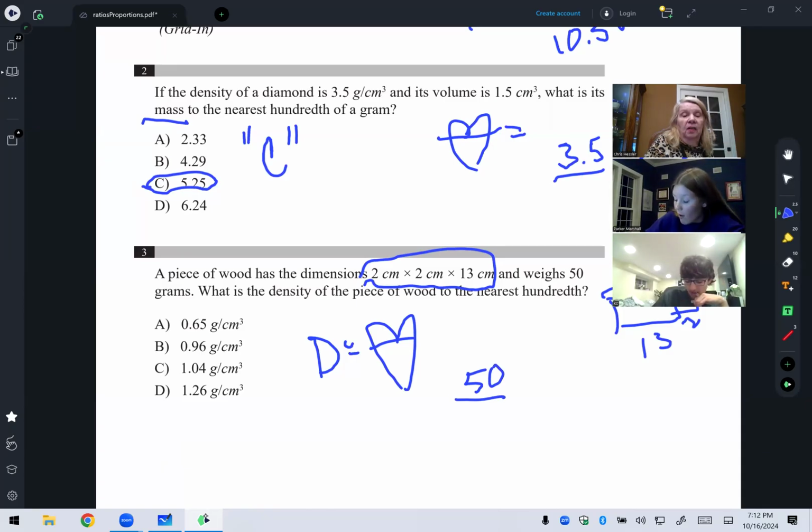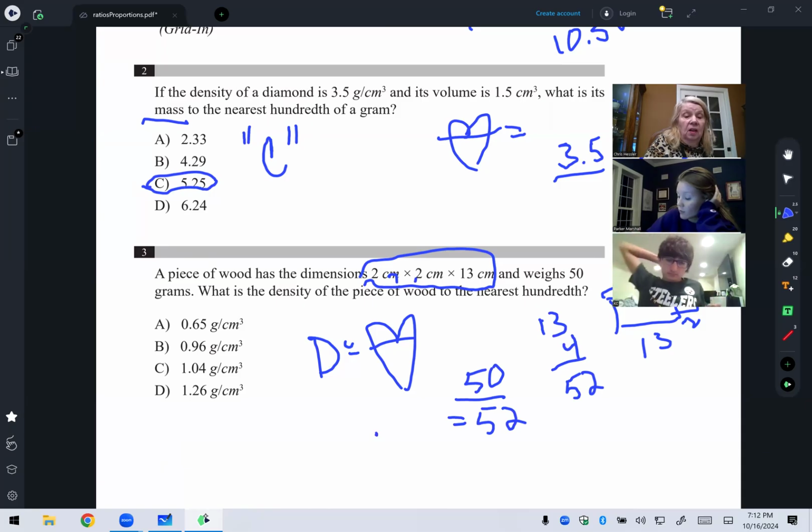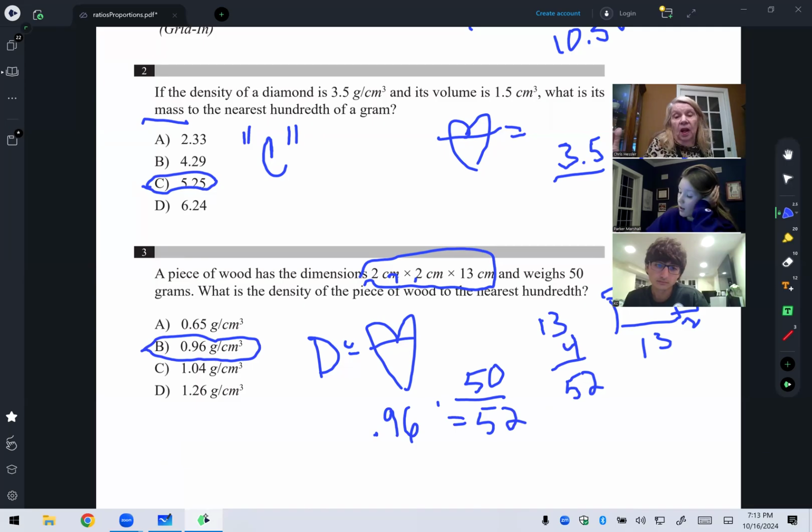And when I multiply this out, I get 52. That's just 2 times 2 times 13. 4 times 13 is 52. And so 50 over 52 is going to be a little less than 1, which makes sense because water is 1 and wood floats. So it has to be lighter than the water, which is 1.